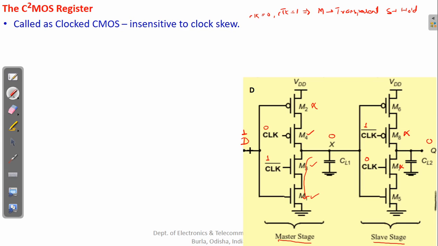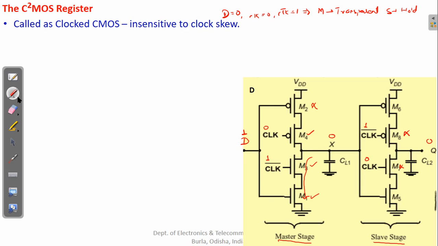X will actually become 0 under this condition, when clock is 0, clock bar is 1, and D is 1. So the master stage is acting as an inverter because the output is the inverted form of the input.